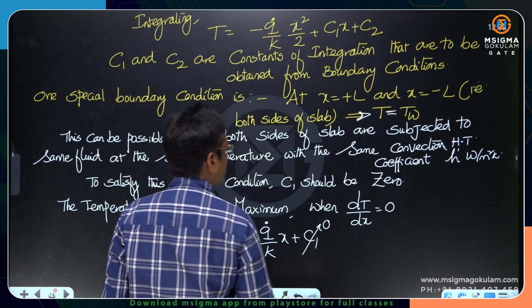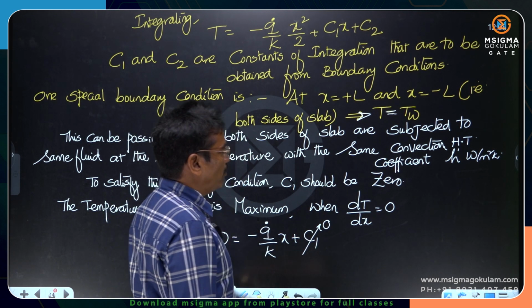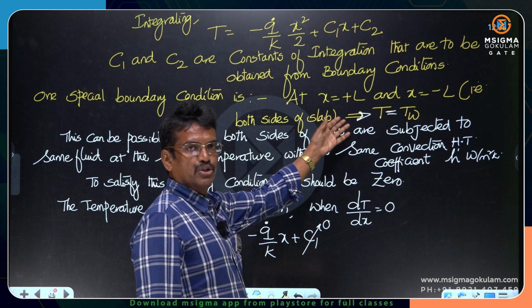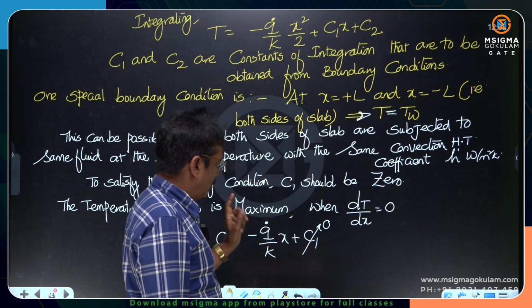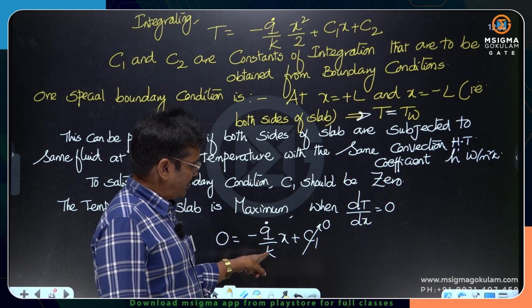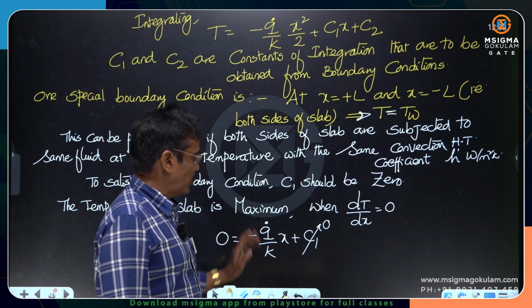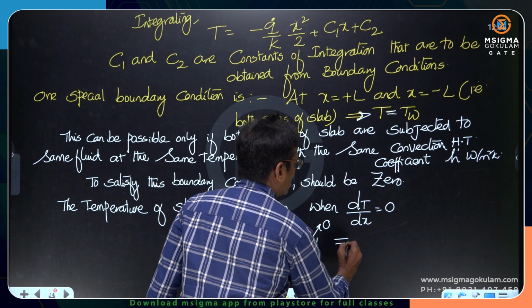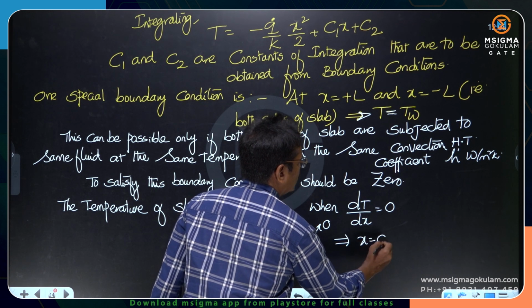Why is C1 0? Because you want to see the same temperature on both sides of the slab. So q dot cannot be 0 because there is heat generation, and k cannot be infinity. So the only possibility is x should be 0. Where is x equal to 0?